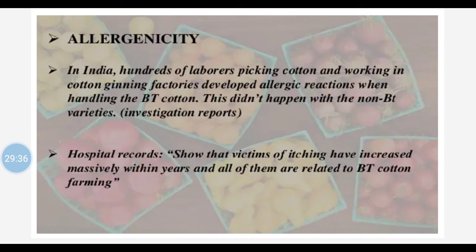This is not the case with non-BT or other varieties of cotton. Laborers collecting other varieties don't suffer from allergic reactions. Hospital records also show that the victims of itching have increased by a large amount within the years, and all are related to BT cotton farming.